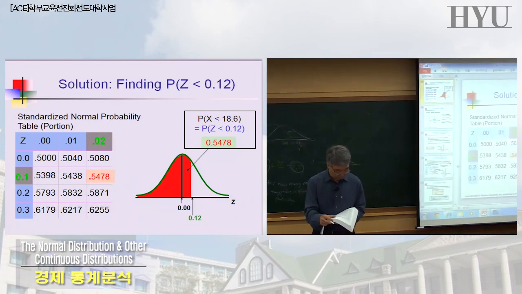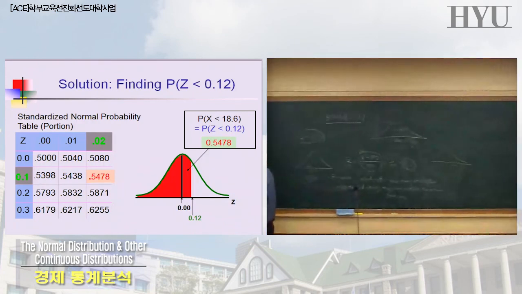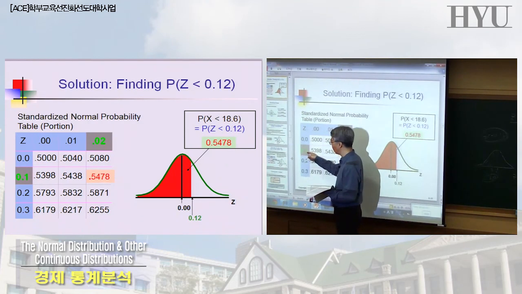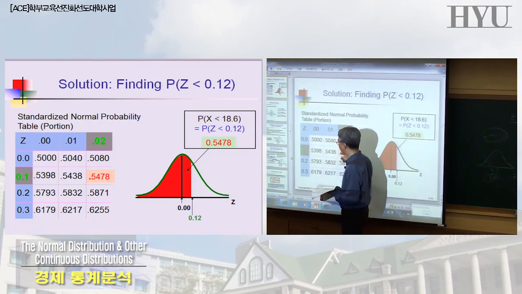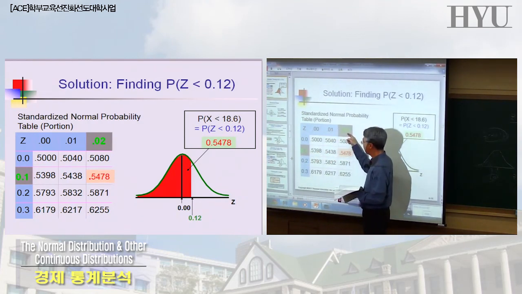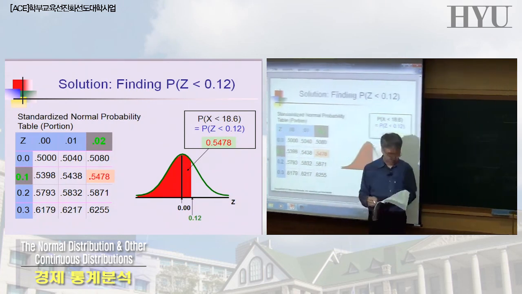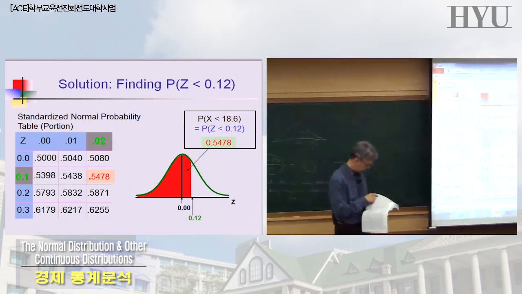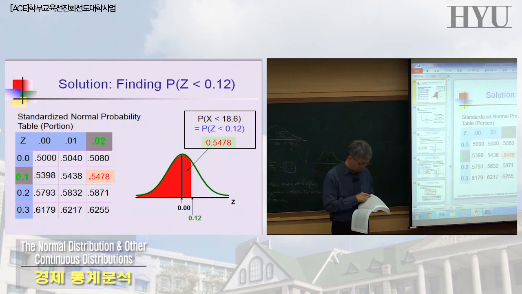Negative 0.12. From the first column, you locate negative 0.1, and then you go across to the second digit below the decimal point, the 0.02. What's that number? Anybody? 0.4522.